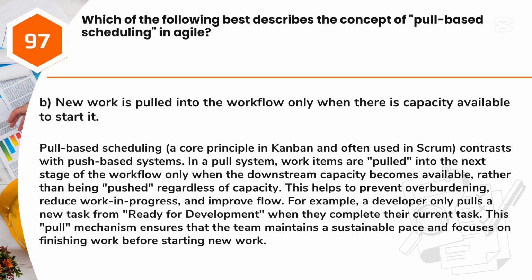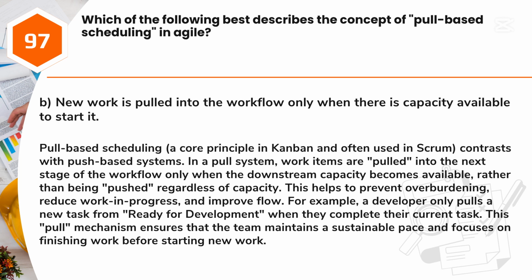Answer: B. New work is pulled into the workflow only when there is capacity available to start it. Pull-based scheduling, a core principle in Kanban and often used in Scrum, contrasts with push-based systems. In a pull system, work items are pulled into the next stage of the workflow only when the downstream capacity becomes available, rather than being pushed regardless of capacity.